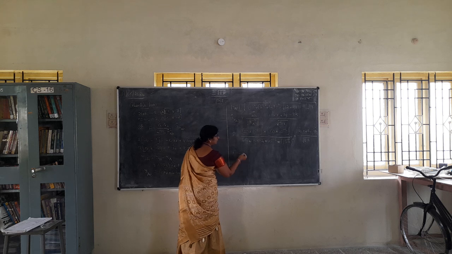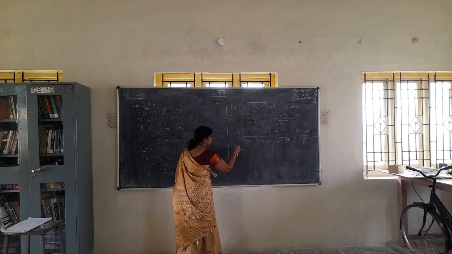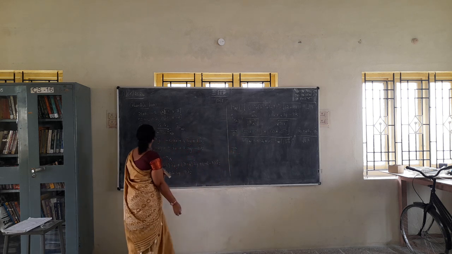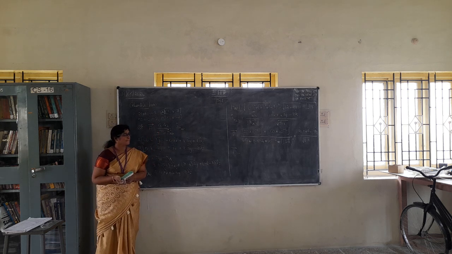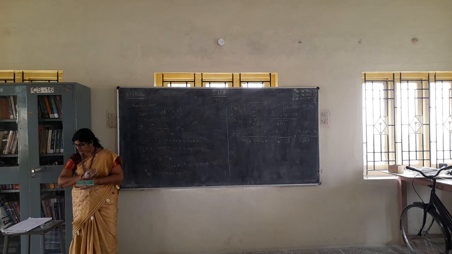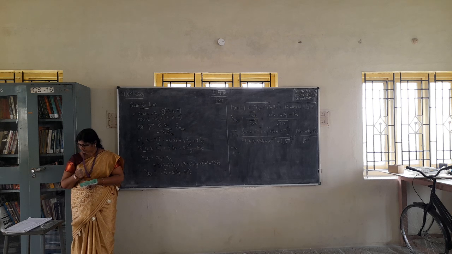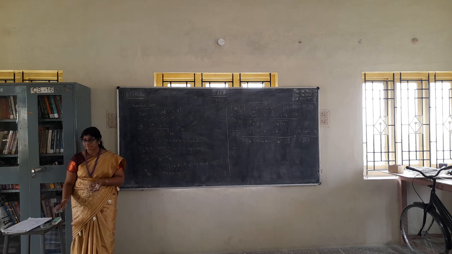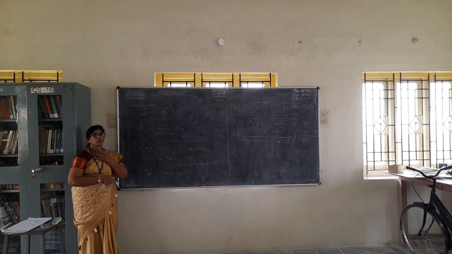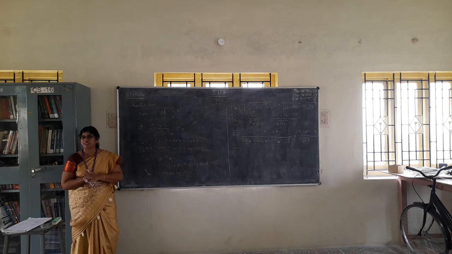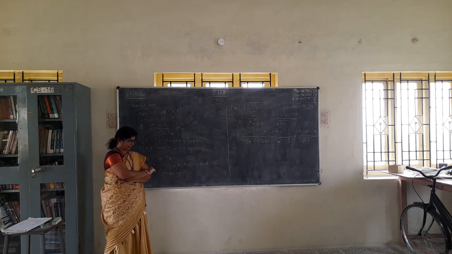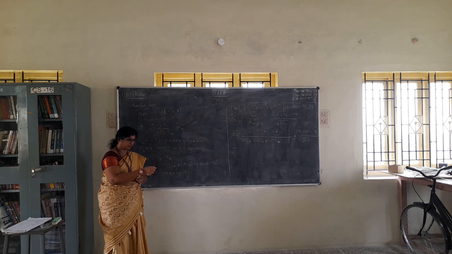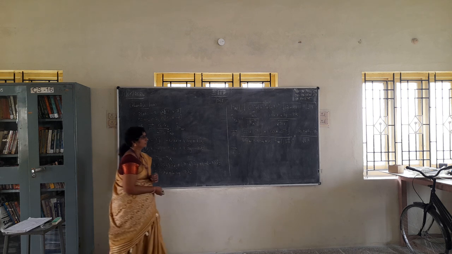Solve and find the F vector. The root of 218 is 14.76.